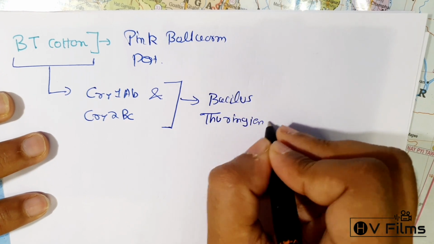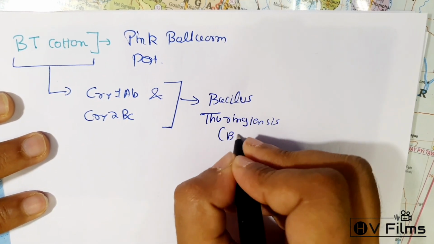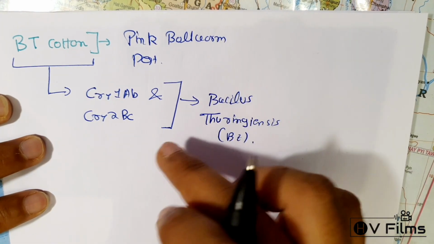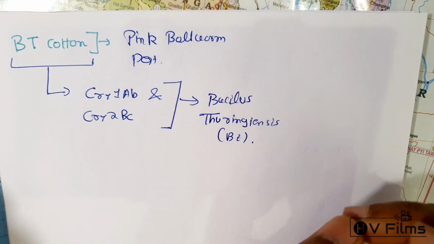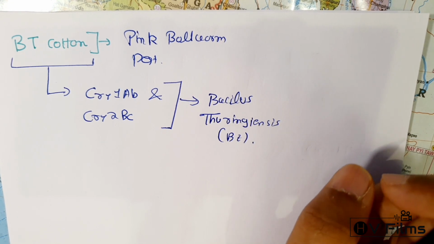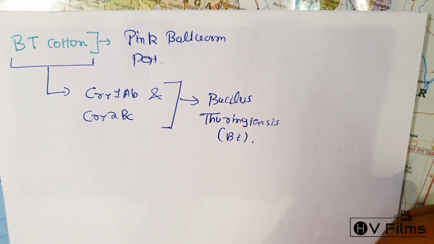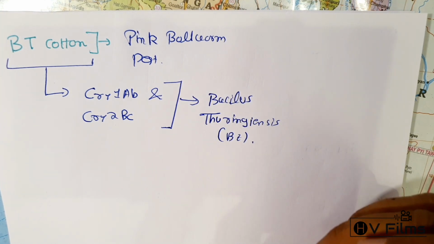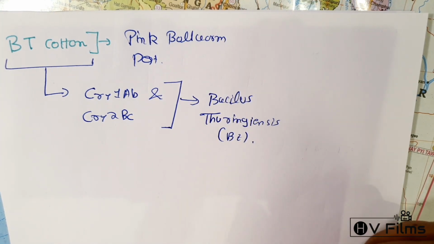So from this we have taken its genes and transplanted the genes into the cotton seed. This is what happened, and we got the BT cotton, which is resistant to the pink bollworm pest.